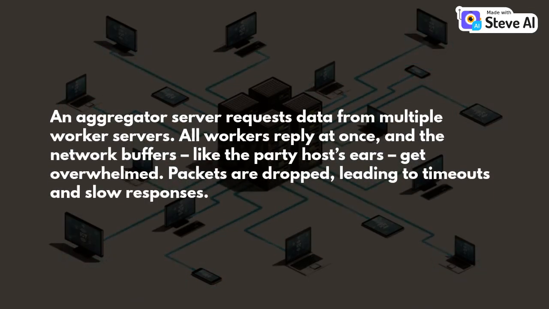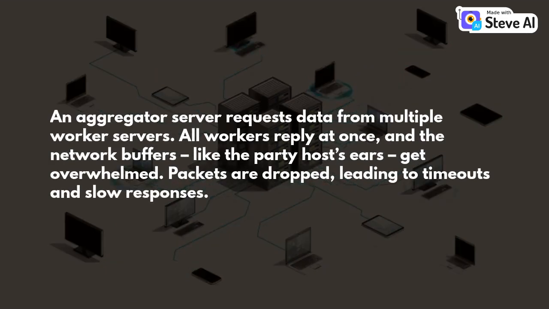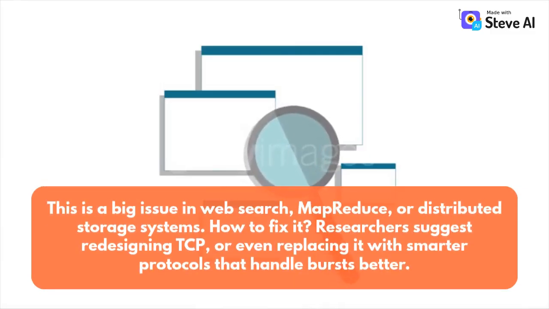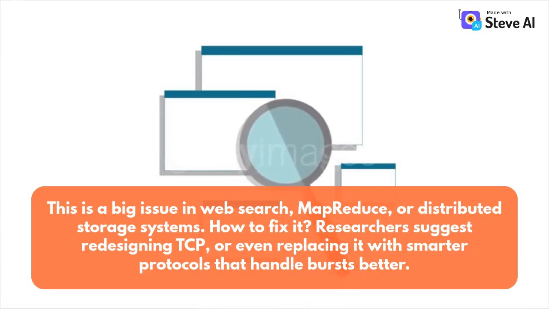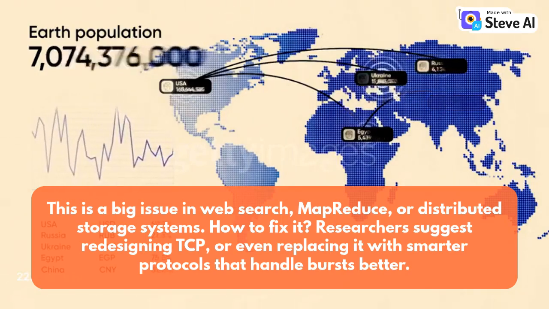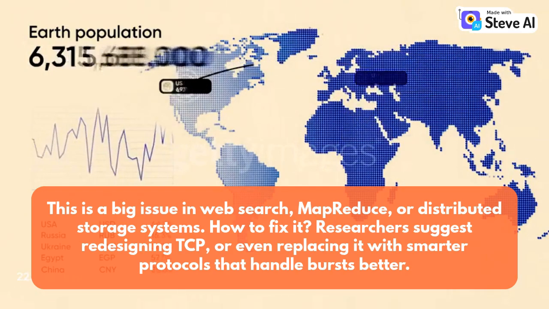All workers reply at once, and the network buffers, like the party host's ears, get overwhelmed. Packets are dropped, leading to timeouts and slow responses. This is a big issue in web search, MapReduce, or distributed storage systems. How to fix it? Researchers suggest redesigning TCP, or even replacing it with smarter protocols that handle bursts better.